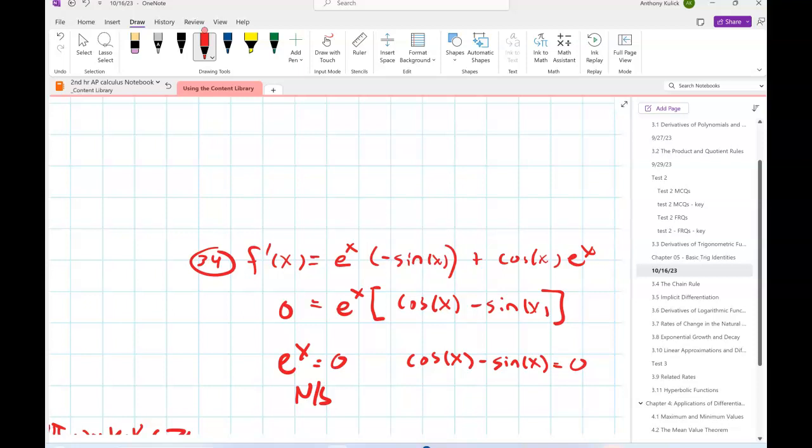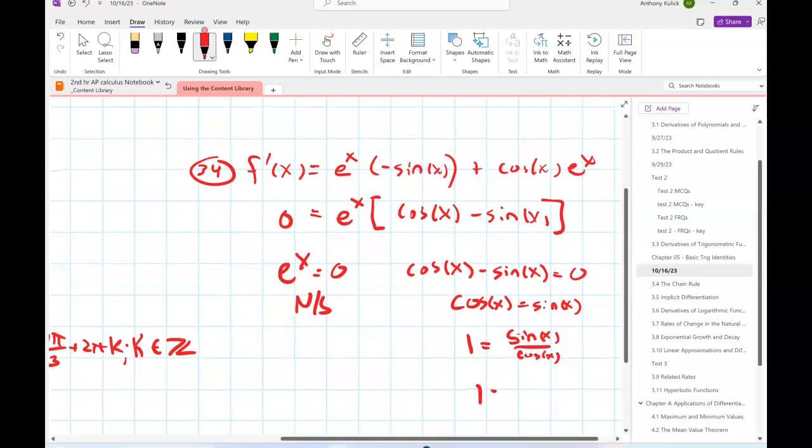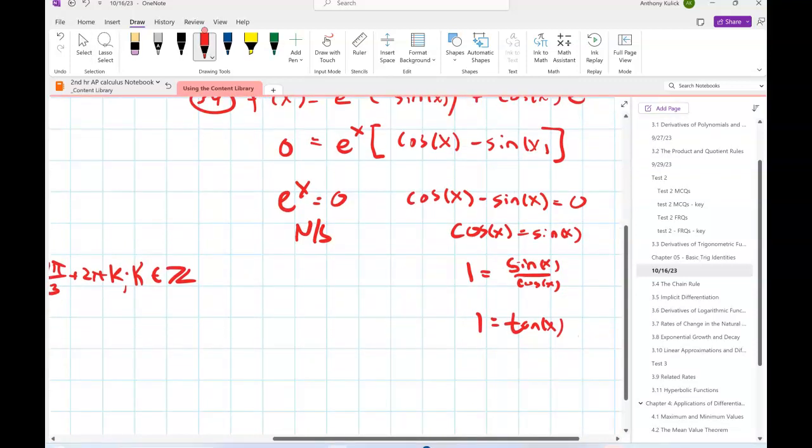Trigonometry refresher. How do I solve this? I'm going to add sine to both sides, and then I'm going to divide both sides by cosine. Oh, so tan? Yeah, exactly right. And where is tangent equal to 1?